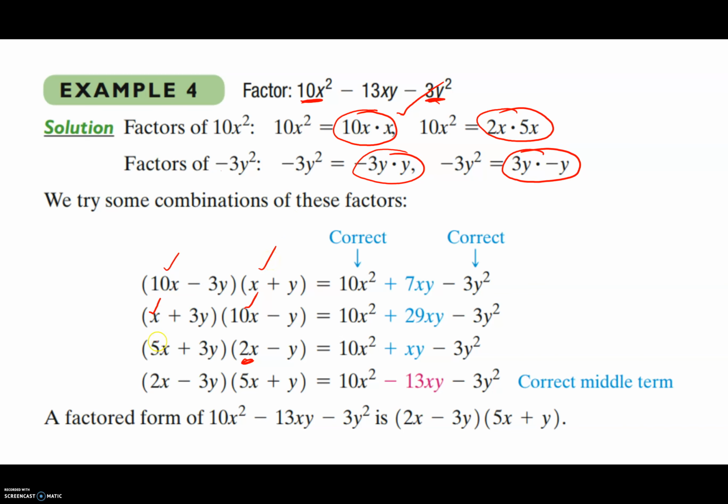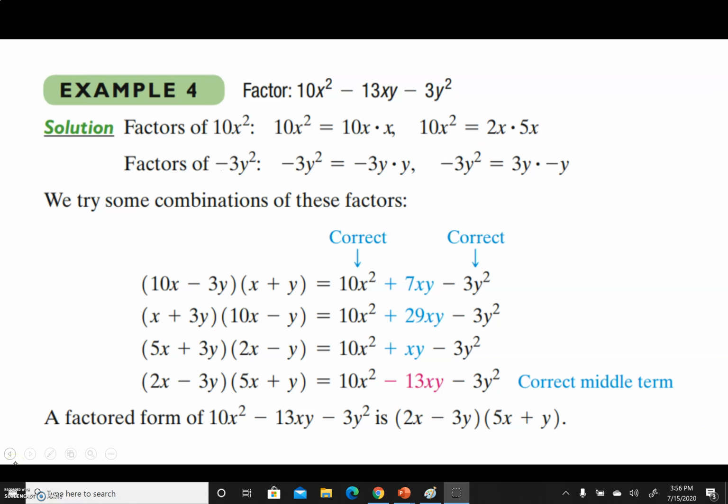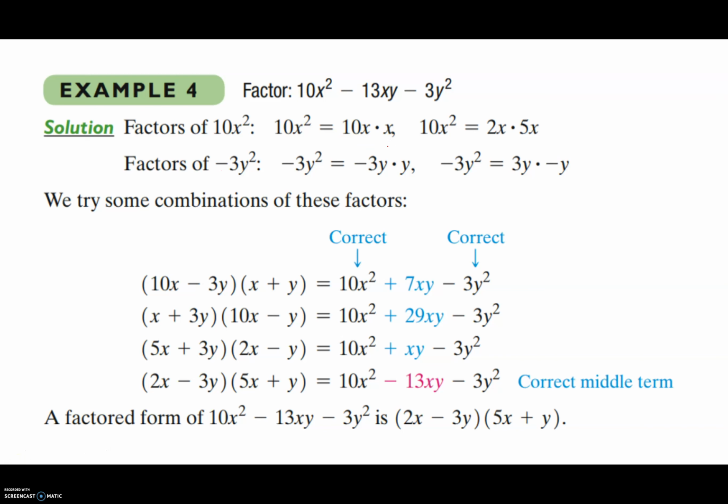Down below, they used the next one, the 5x times 2x, and then here, they just switched it around. They kept playing around with the position of the factors until they ended up getting the correct first term, middle term, and last term. It's a trial and error method with these factors, and also with these plus and minus signs, and how you position those.